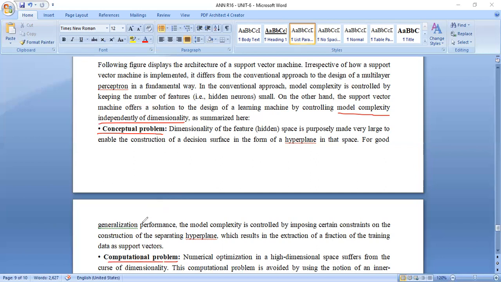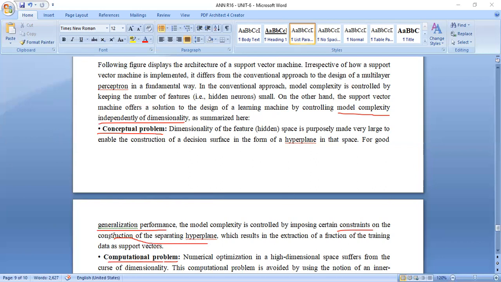To overcome this, for getting good generalization performance, we need to add some kind of constraints on the construction of the separating hyperplane.